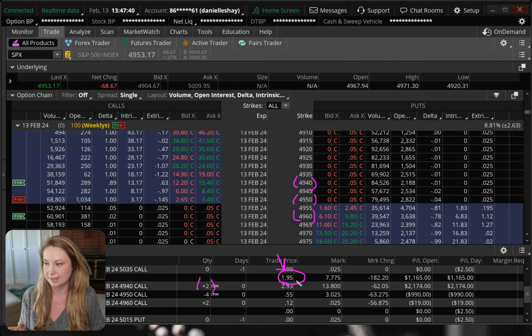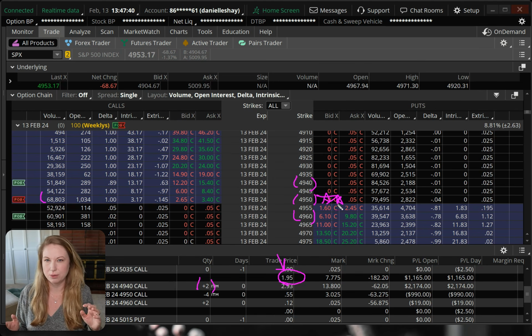I used 2 contracts. And basically the idea here was, okay, I can see that there's quite a bit of high open interest at this 49.50 strike. And so when I'm placing a trade using a butterfly, I'm putting that center strike at the key target zone with the idea that the ticker is going to rally up into that key psychological value, and it's going to be pretty close to that target right at the end of the day.